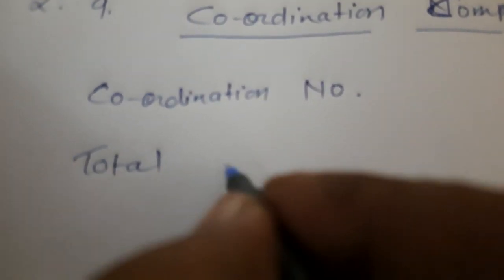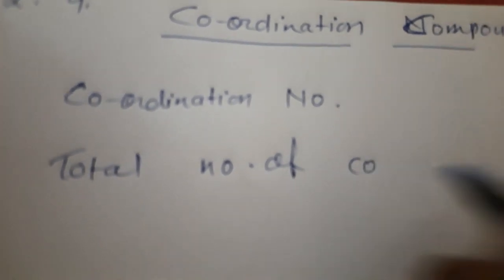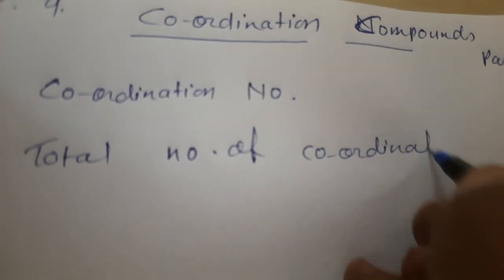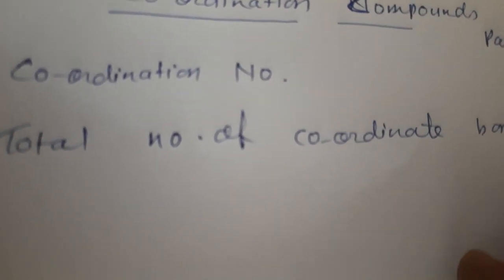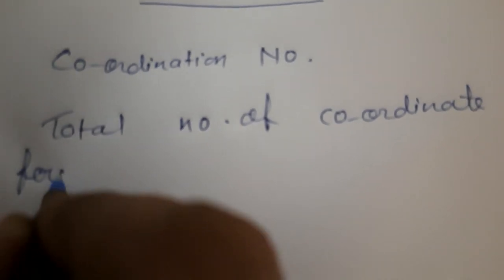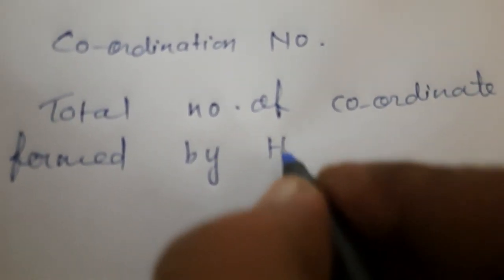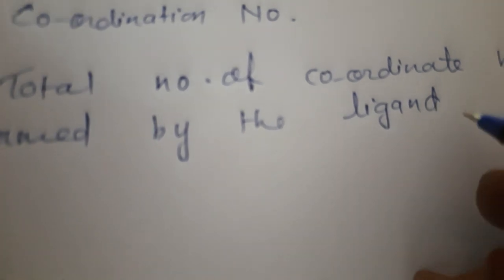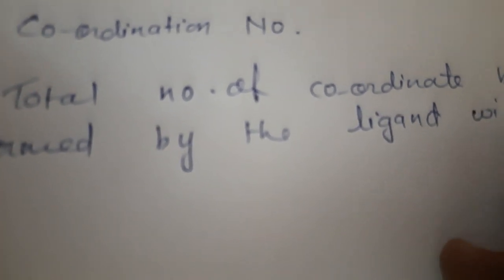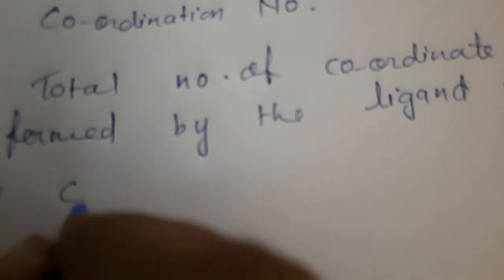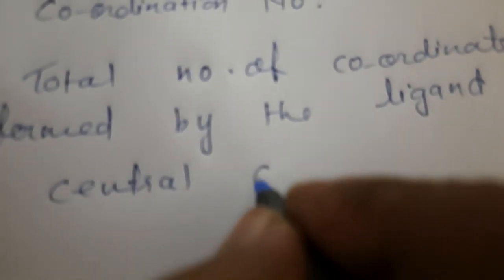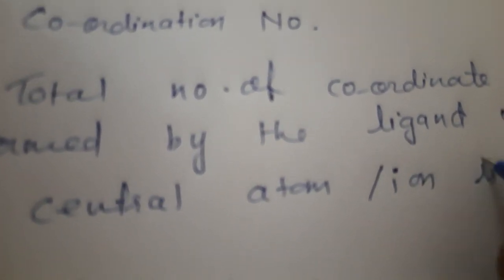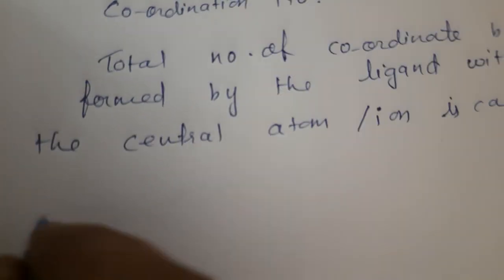The total number of coordinate bonds formed by the ligand with the central atom and ion is called the coordination number.